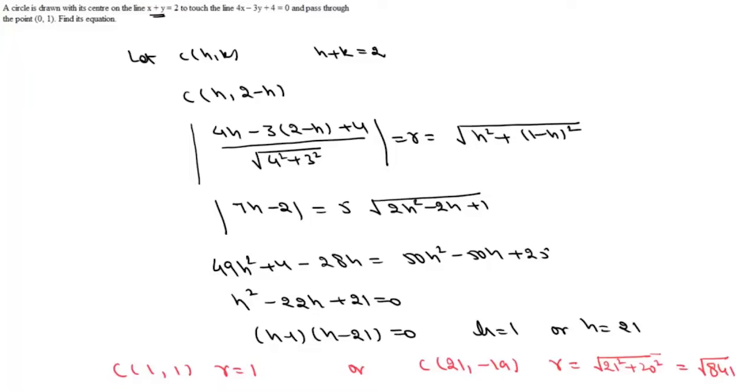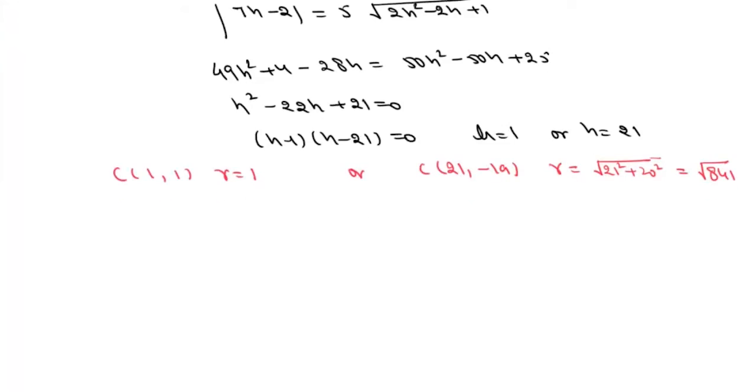Now once we have center and radius, we can write the equation of this circle. So the equation of this circle will be either (x − 1)² + (y − 1)² = 1, or (x − 21)² + (y + 19)² = 841. And this is the answer to this question.